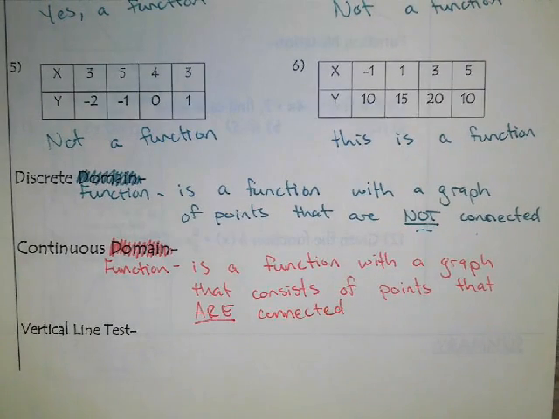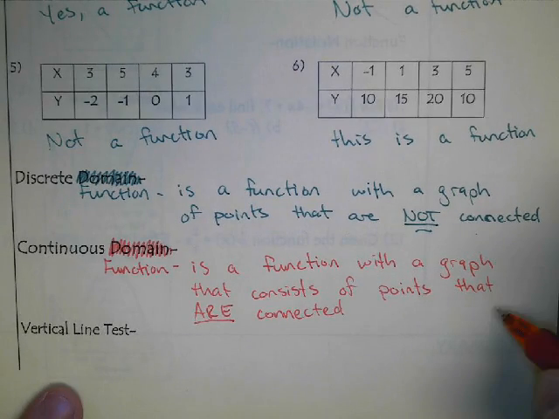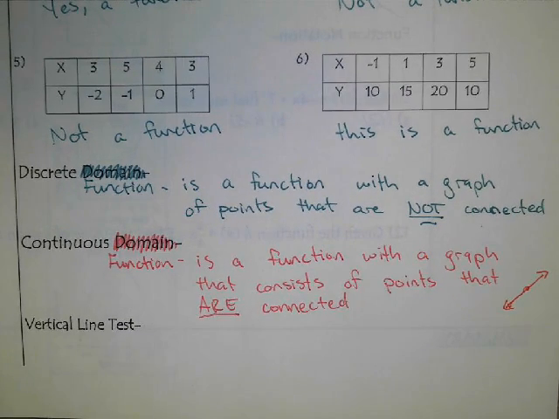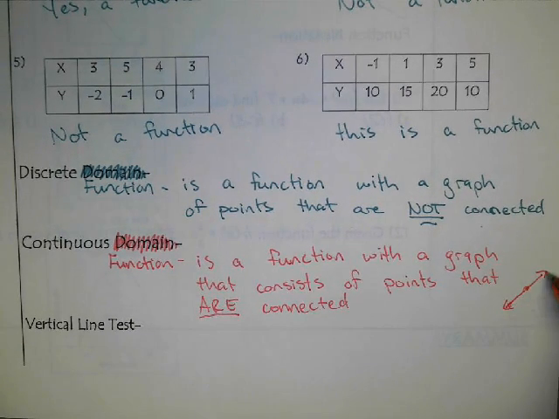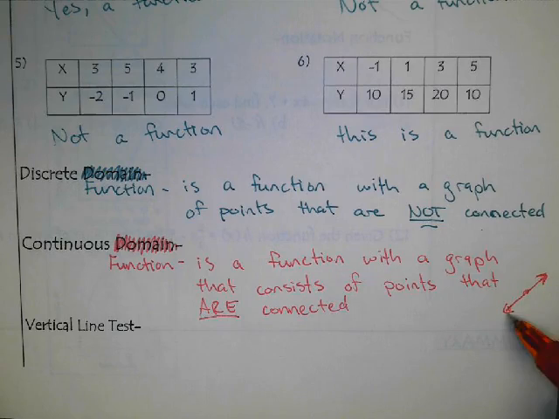And that would be something like a line. When we draw our lines, we first plot out 2 points, and then we draw the line, and we have a continuous function. That line represents all the points that would make the equation true.